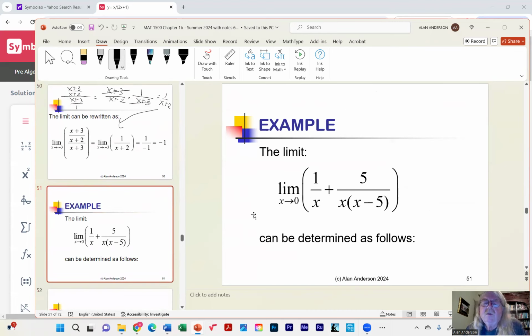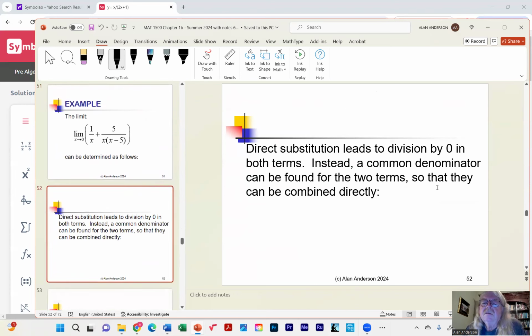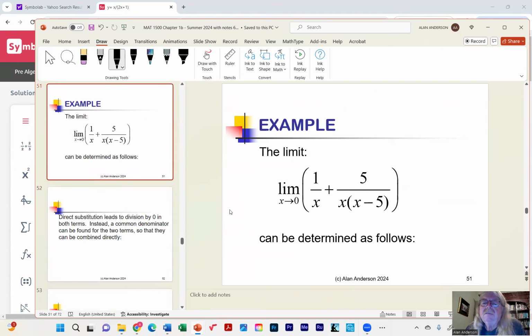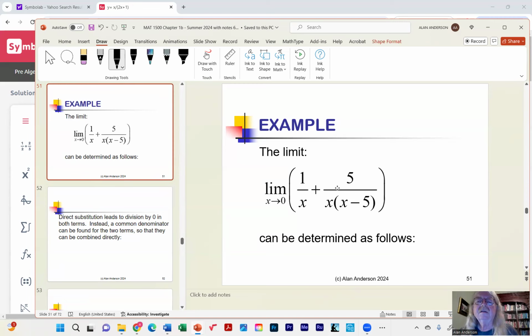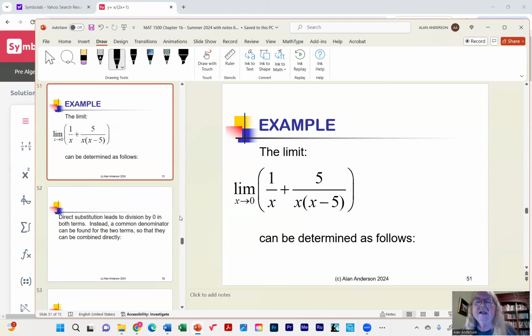What about this one? Well, again, you can see if I plug in zero for these x's, I'm going to wind up with zero. Hold on a second. Let's just confirm this. It's not immediately obvious.